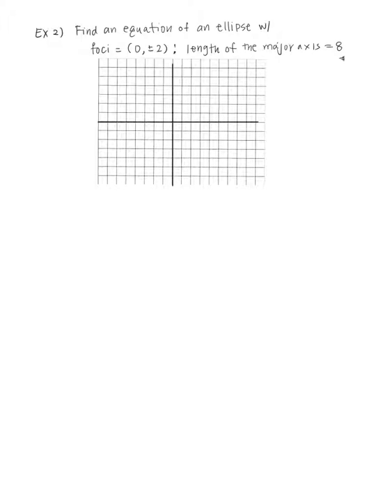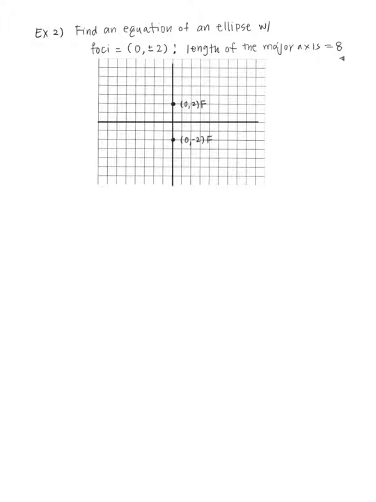So we have foci at (0, ±2). Now since both foci lie on the y-axis, that means we're going to have a tall ellipse, which means our major axis is going to be the y-axis.